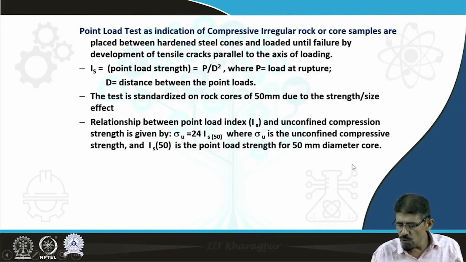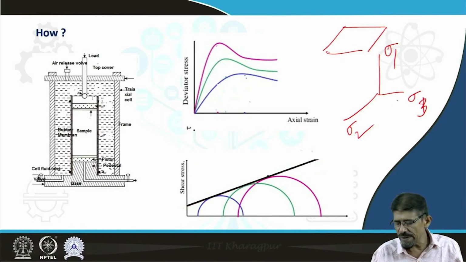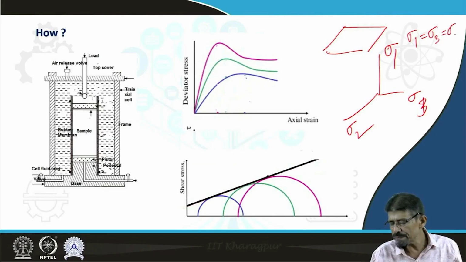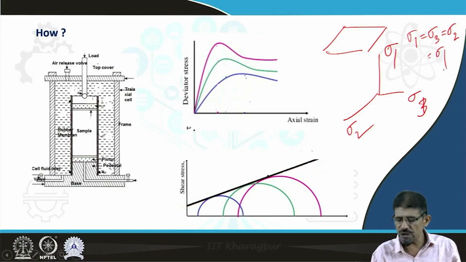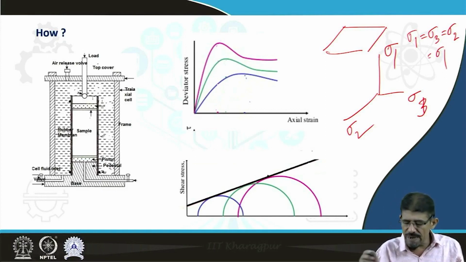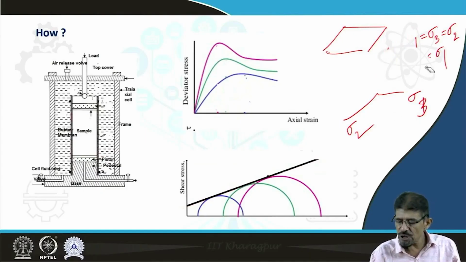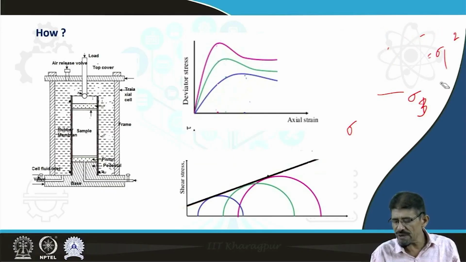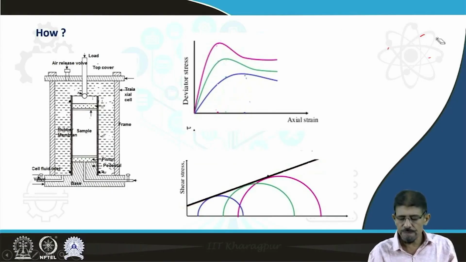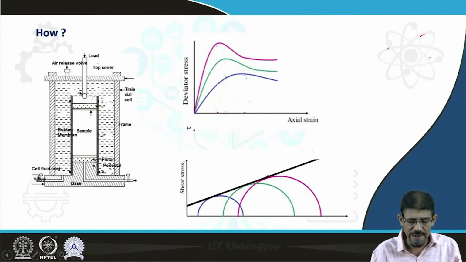In uniaxial conditions we have sigma 1 is not equal to zero, and sigma 2 equals sigma 3 equals zero, meaning uniaxial. But in case of triaxial, we have 3 stress conditions, and for true triaxial we have only some limited machines and it requires a cubical sample for easy handling.